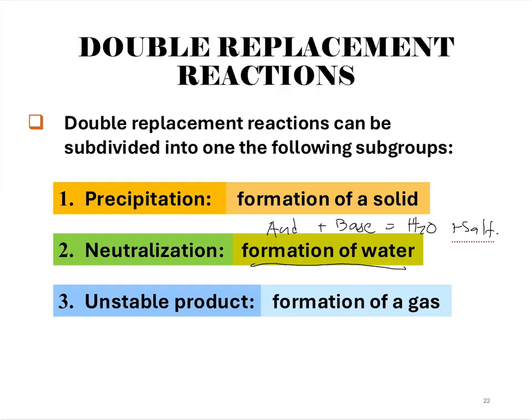And then unstable product, this is like the decomposition of carbonic acid into carbon dioxide and carbonate ions in solution. All right, so it's unstable because we have the spontaneous formation of gas. When I say spontaneous, that doesn't mean that it's spontaneous all the time, just under certain conditions. And right, so this goes into the field of thermodynamics, which we're not really going to touch on much in this class.